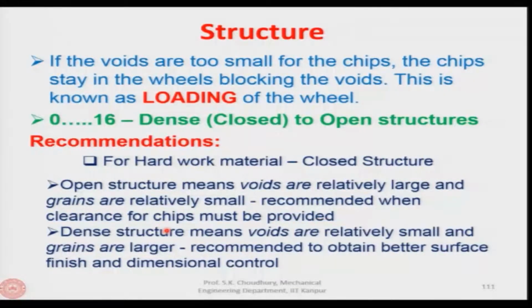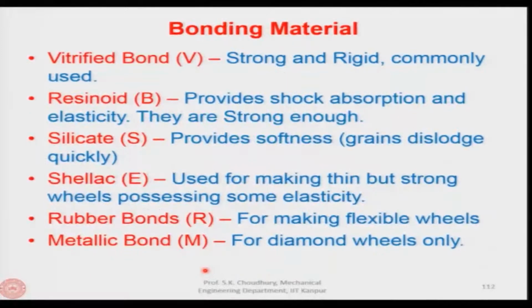Dense structure means voids are relatively small and grains are larger, recommended to obtain better surface finish and dimensional control. Okay. So, for dense we mean 12, 13, 14 and so on up to 16. Those are for better finish and for more dimensional accuracy.